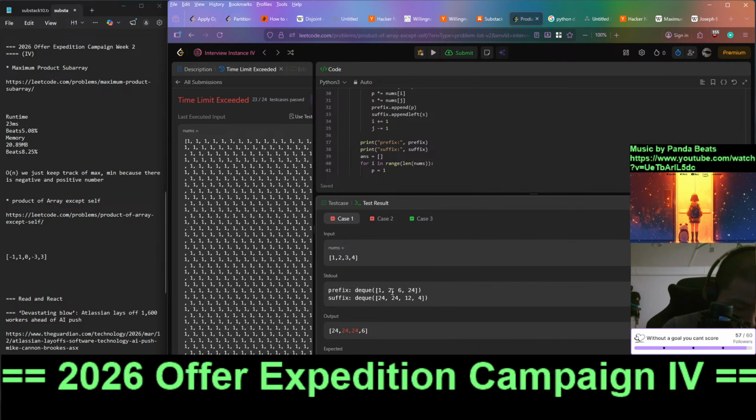Okay, so when we look at 1, multiply them together, we got 24. Right, and then we look at 2.